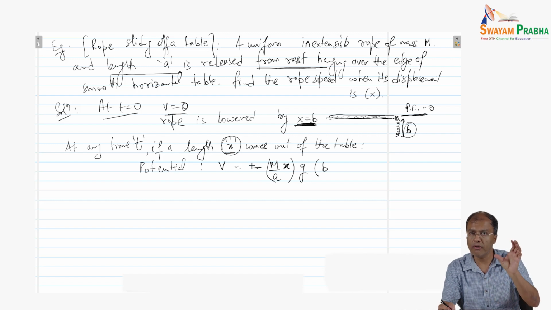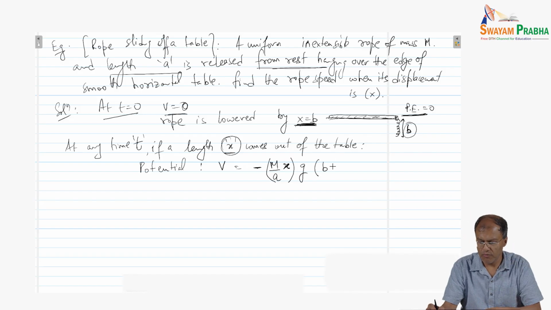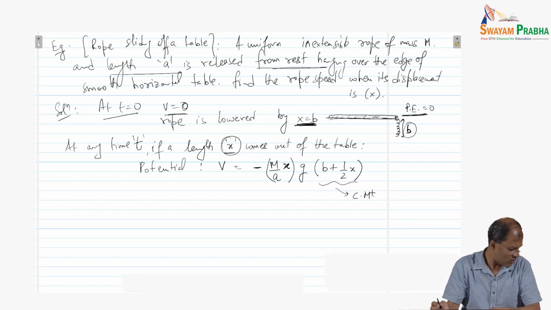Why? Because this rope is homogeneous. The center of mass will always be at the middle point. So we have b plus x by 2, right? So we have that the center of mass is given by x by 2. Okay. So now we have written the potential.